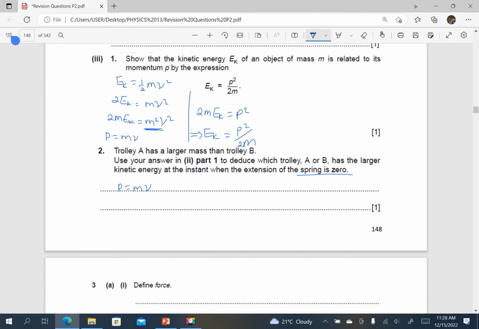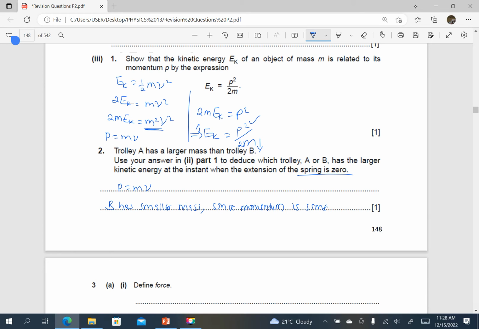So if momentum is mass times velocity and B has a smaller mass, and since momentum is the same, P is the same, but the mass is smaller. It means kinetic energy is going to be greater, so V is going to be greater.